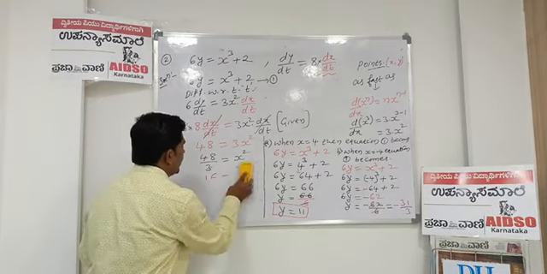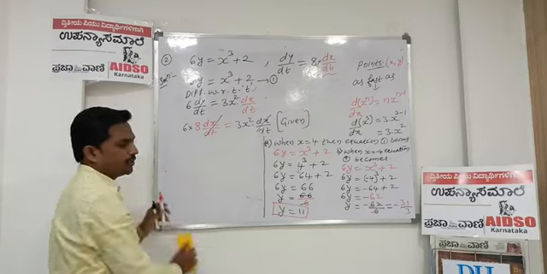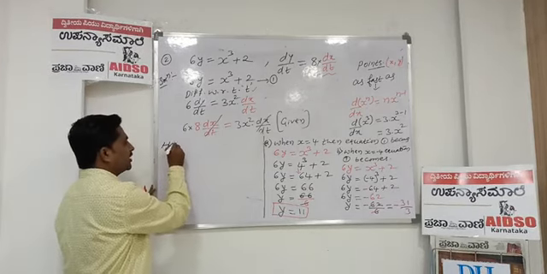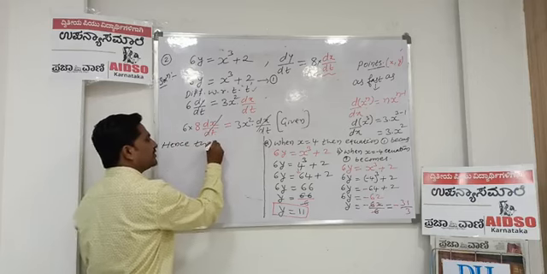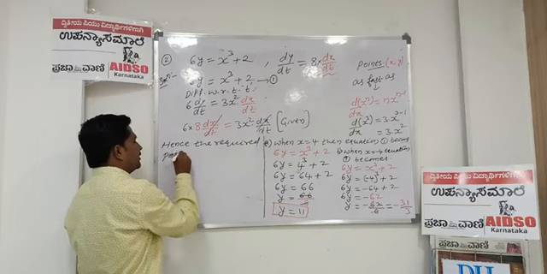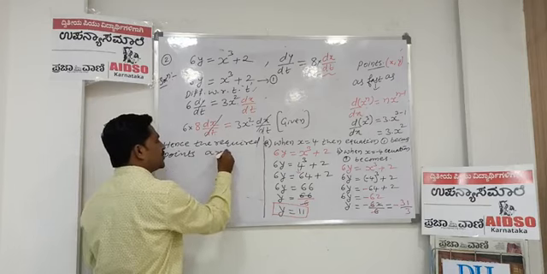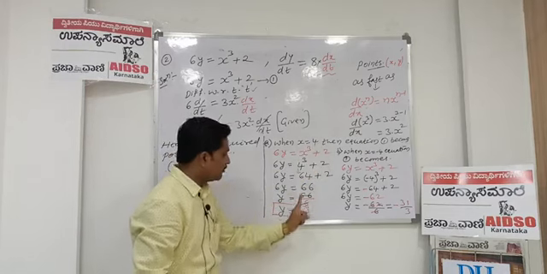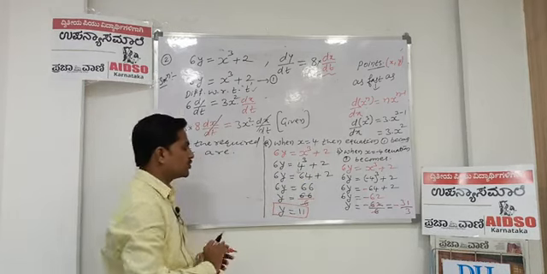The points they have asked us to find out, hence we can conclude the result. Hence the required points are, completely you need to mention: first point, when x is equal to 4, we receive y is equal to 11.